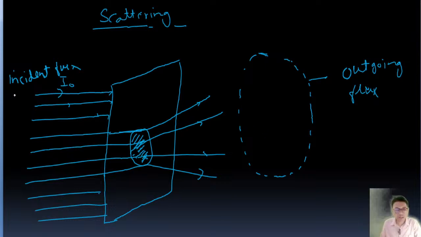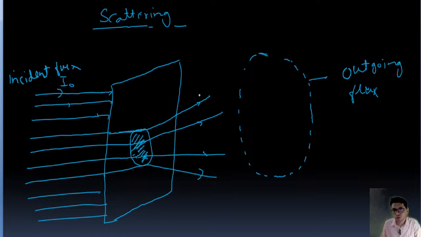Incident flux means the number of particles per unit area per unit time, and outgoing flux means the number of particles scattered. These are the number of particles incident per unit area per unit time, and this is the number of particles scattered per unit time per unit area.